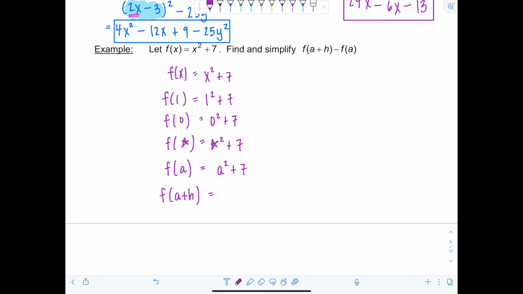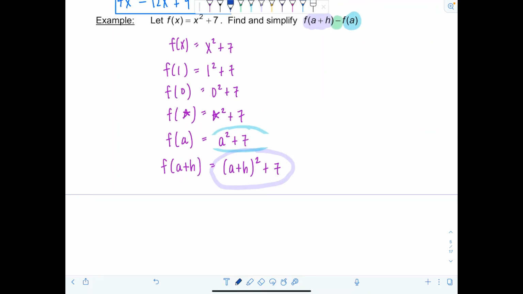Be careful. It would be a plus h squared plus 7, right? Good. So what the problem is asking us to do is to take f of a plus h, which I have right here, and subtract from it f of a. And I have f of a right here. See how I snuck that in on you guys? You didn't even realize it.